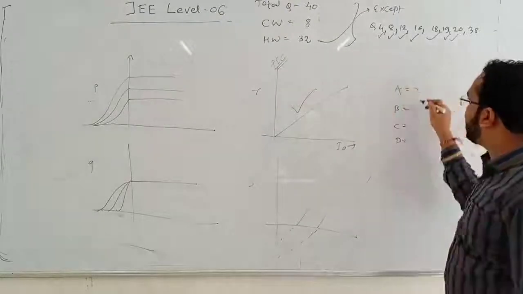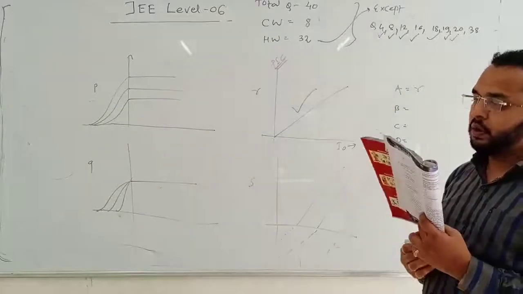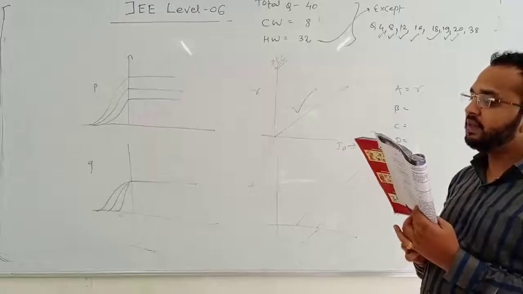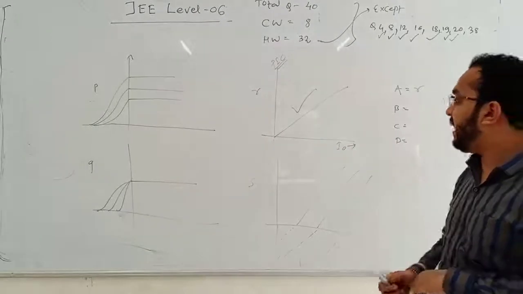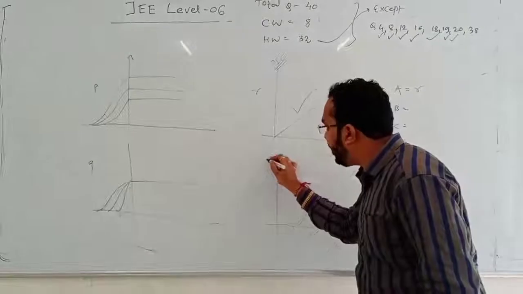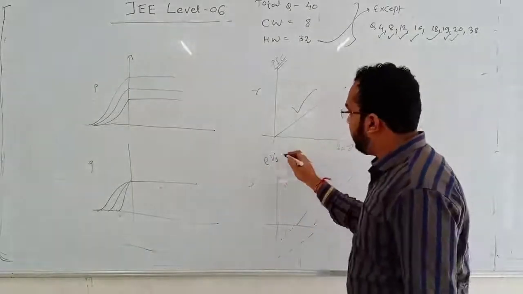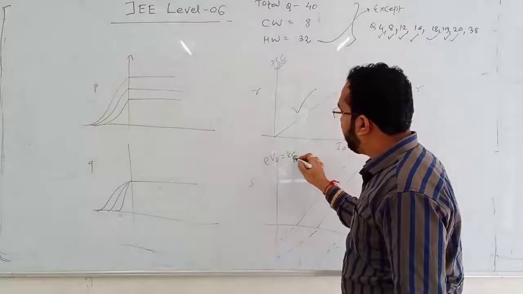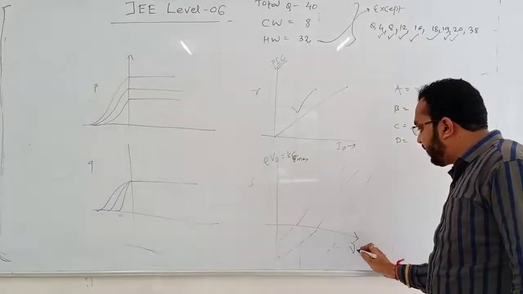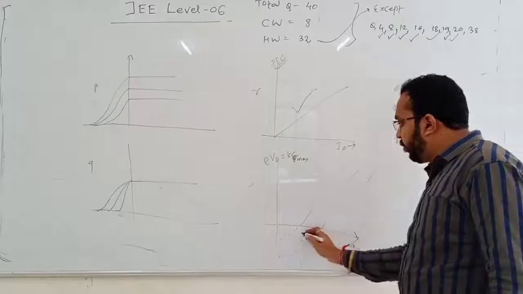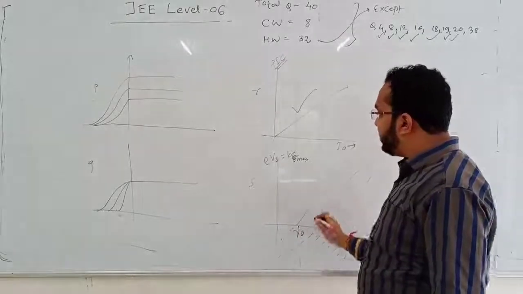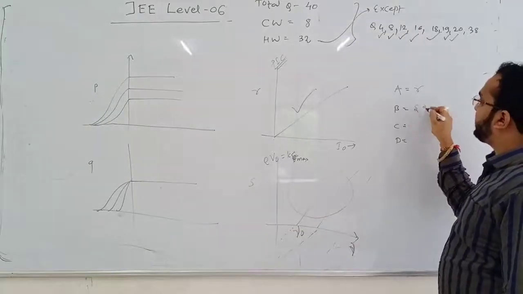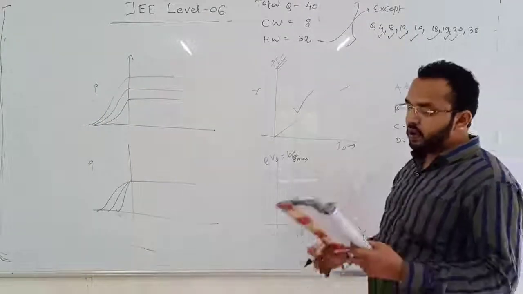This answer, so A is R. Next, maximum kinetic energy of ejected electrons versus frequency. Maximum kinetic energy means stopping potential, eV naught. This is kinetic energy max. This curve is against frequency. Here there is mu naught. This is Einstein's. So what will B be? S. B is S, option C.